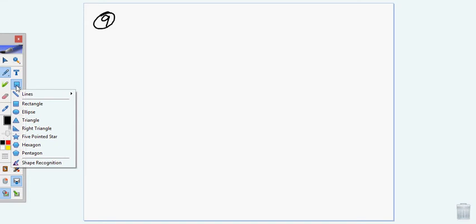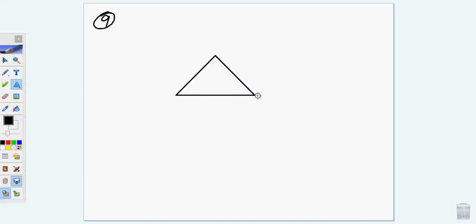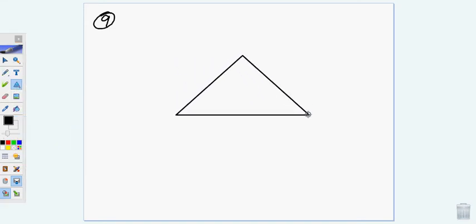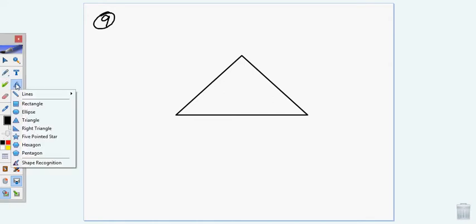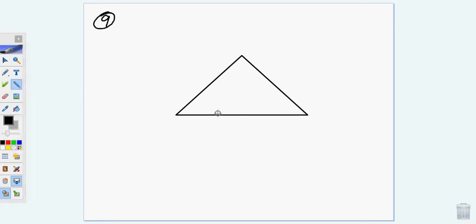Let's see if I can do it anyway. You have to imagine it kind of laid up on its side. See if I can turn it. Maybe, maybe not. All right, so if I have this triangle and I want to draw a line and I want to make it parallel to the bottom.